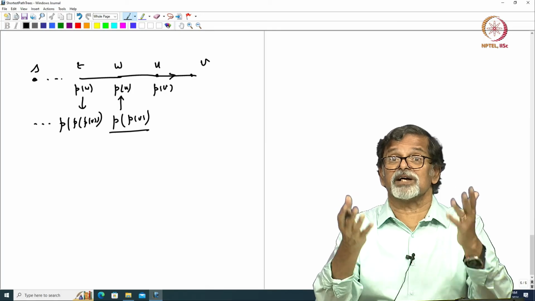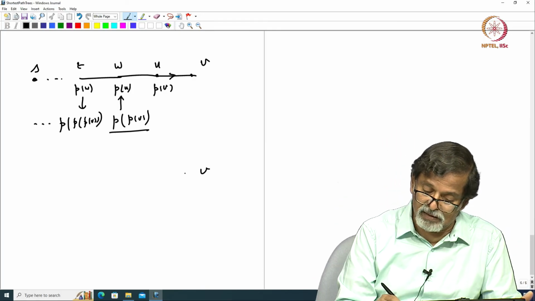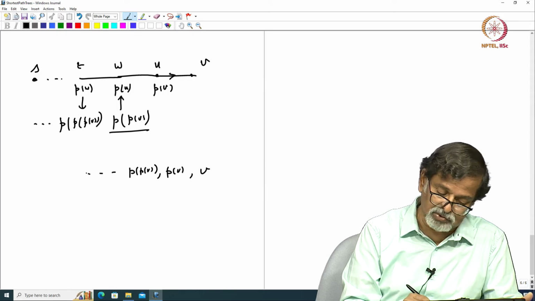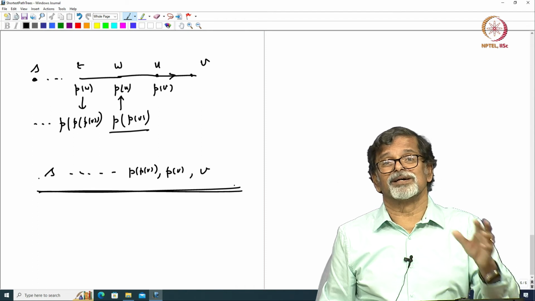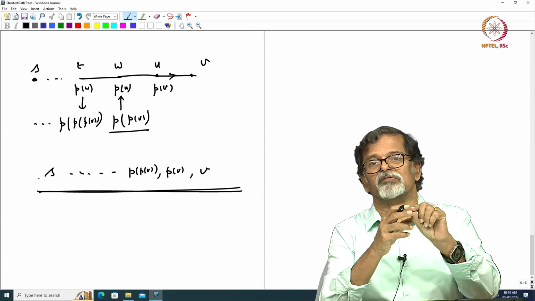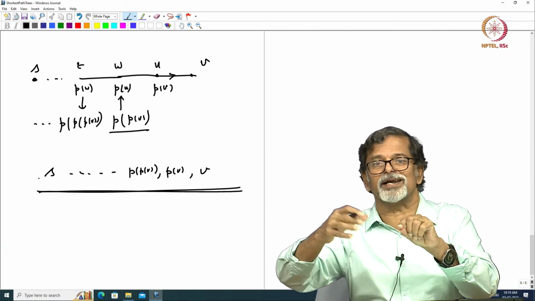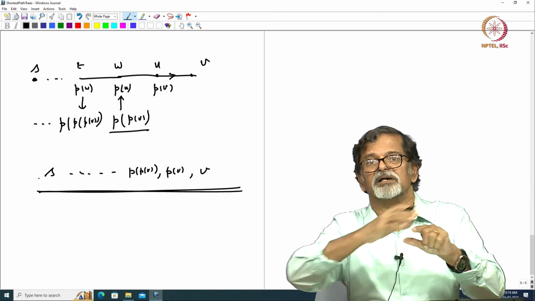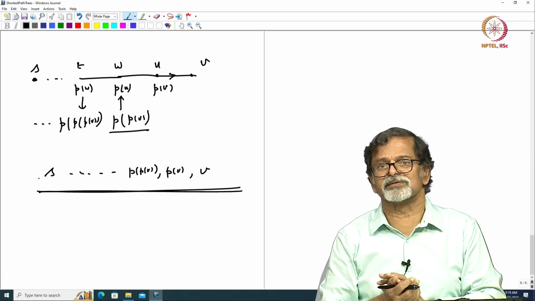What is the actual vertex sequence of the path? It is V, P of V, P of P of V and so on up to S. So, this is how you would get it, starting from V, keep applying the P function or P array entry consultation until you hit S. S has nothing previous to it, so you are going to stop there.